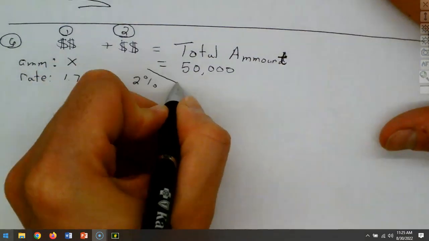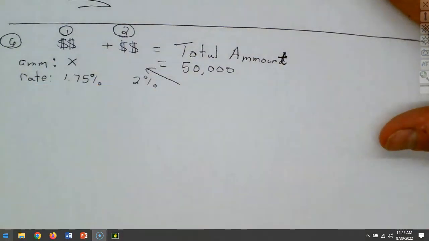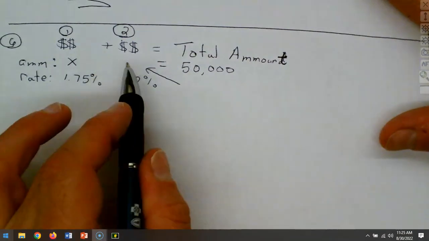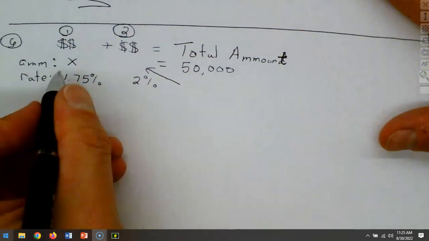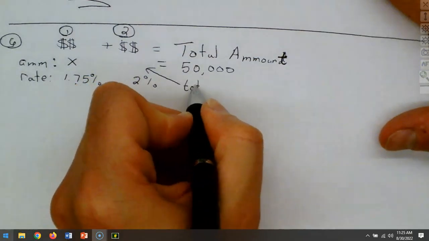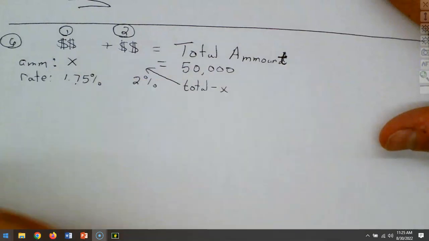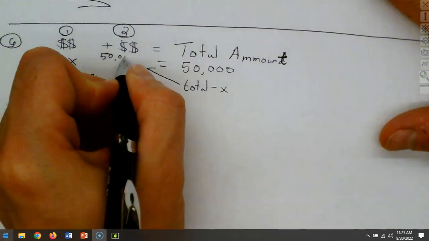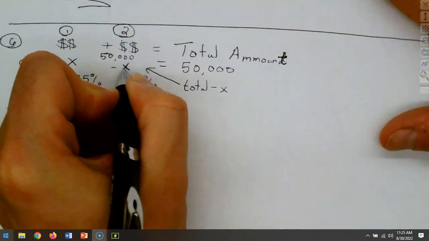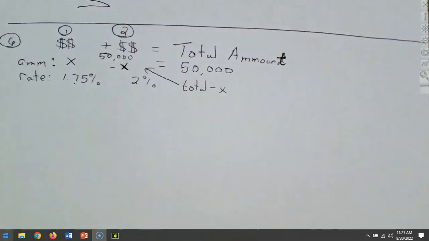The second one, the 2%. What about it? Well, we can't just use the x again. And whenever you have two of these, one of them is x. The other one is the total minus x. Remember that? So total minus x goes there. And how much total do we have? So that's going to be 50,000 minus x.